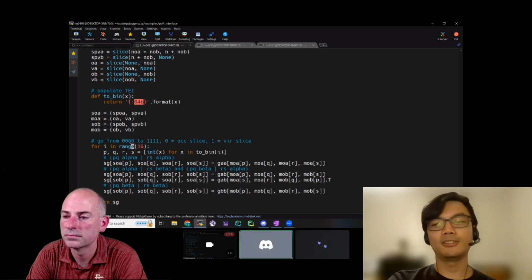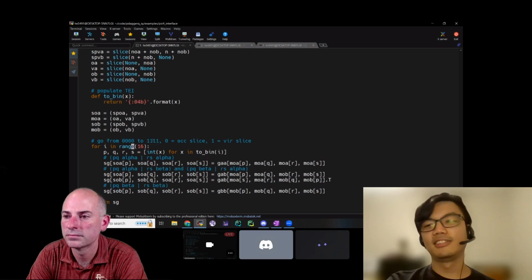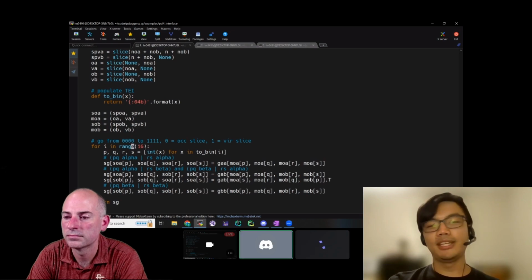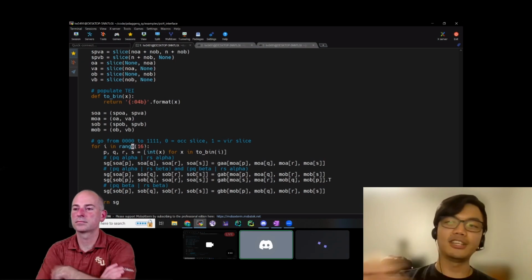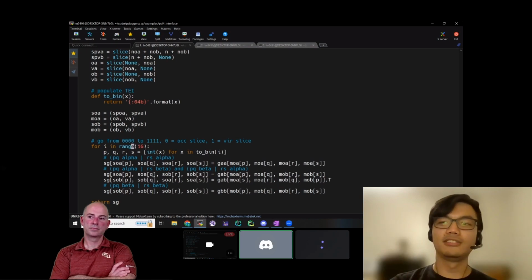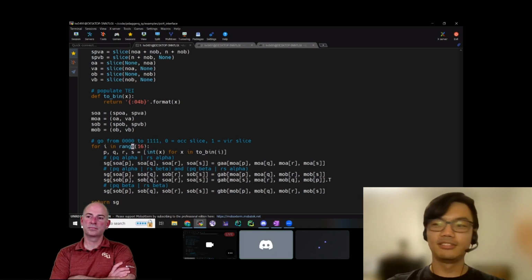I will get 0000, then 0001, 0010, and so on until 1111. So this gives me all the slices that I need, from all 4 indices being occupied to all 4 indices being virtual, and everything in between.